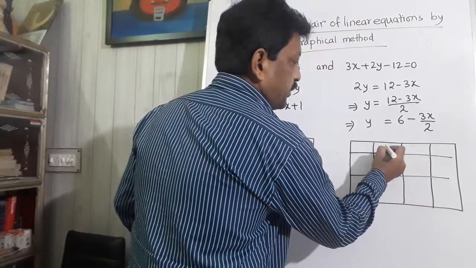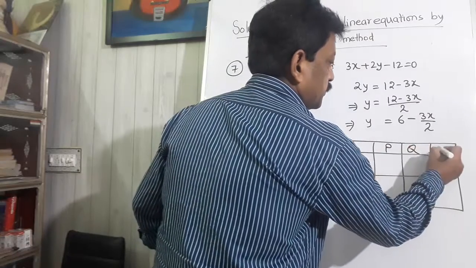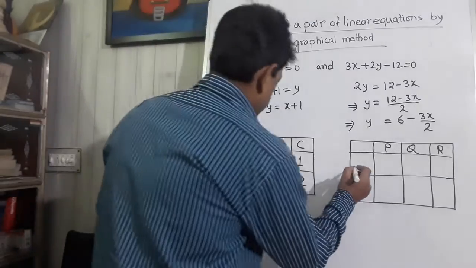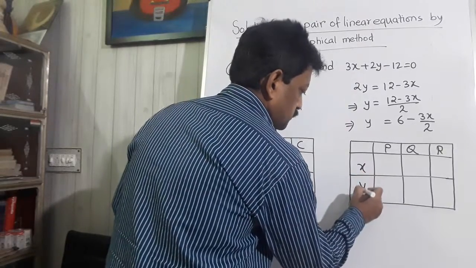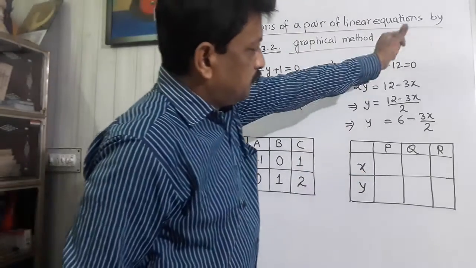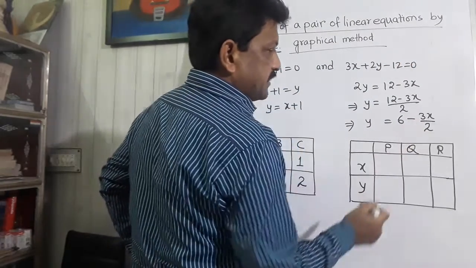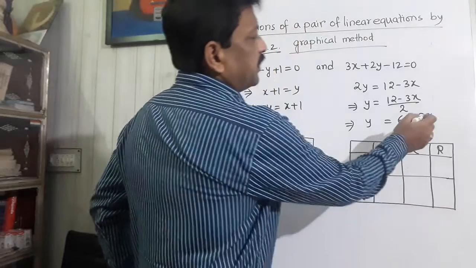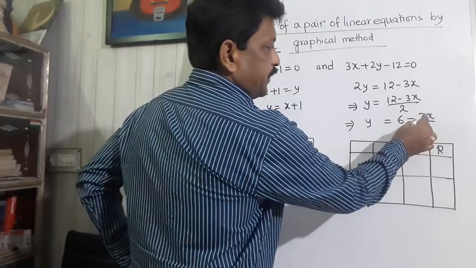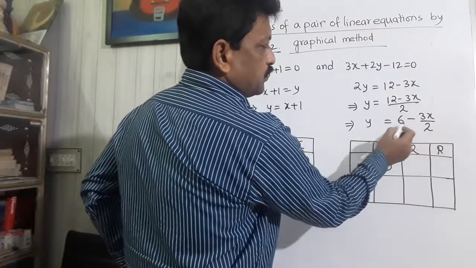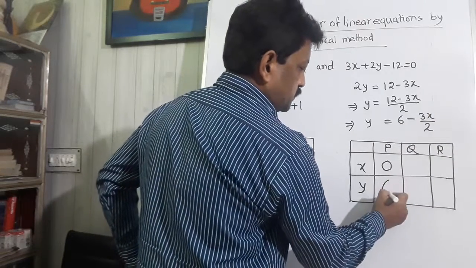Here I am taking the points as P, Q, R. Okay? Let me take x equals 0. So if x is 0, then the whole part will be 0, so 6 minus 0 is 6.